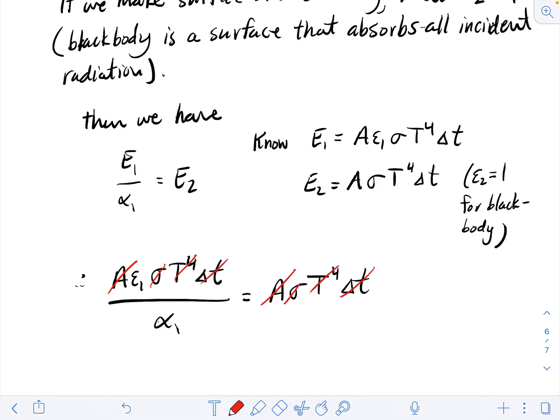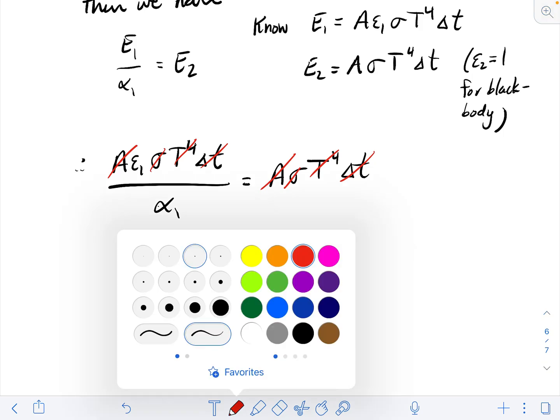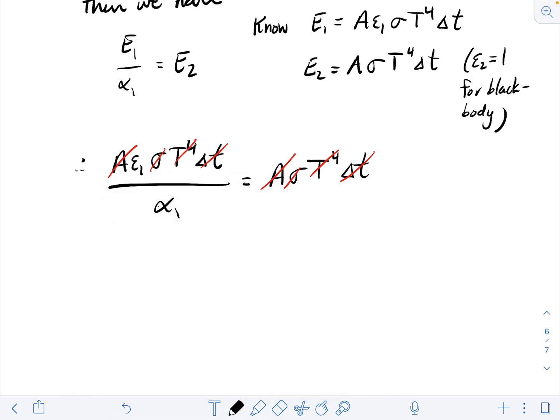Sigma is just a constant. Temperatures were the same. If we wait the same amount of time, delta T, then those cancel. And what we have then left over is that epsilon 1 over alpha 1 must be equal to 1, or the result that we're trying to get at here is that the emissivity and the absorbance are the same.